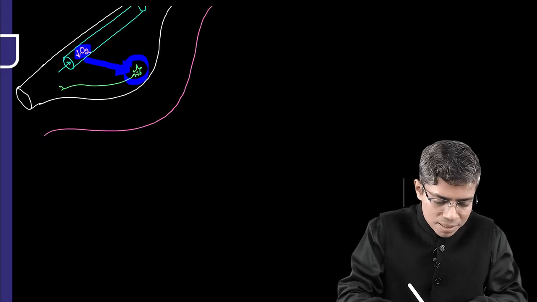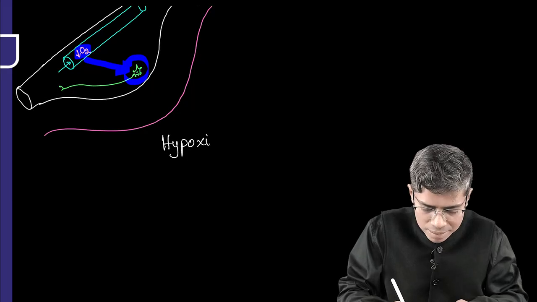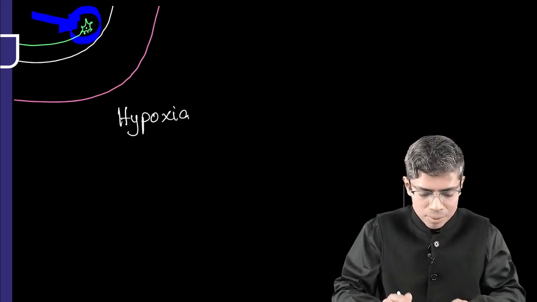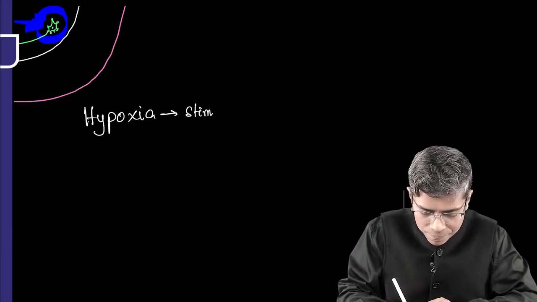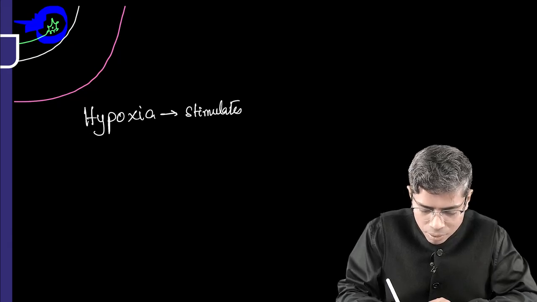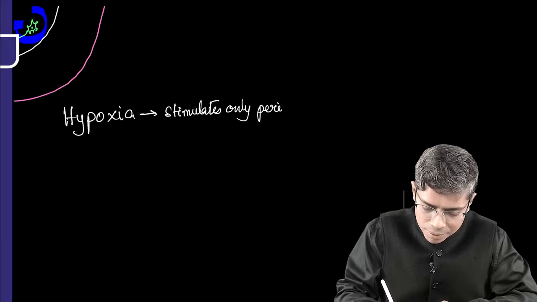That's why remember, hypoxia, although it is a stimulus for the peripheral chemoreceptor, is never a stimulus for the central chemoreceptor. So hypoxia stimulates which chemoreceptor? Only and only the peripheral chemoreceptor.